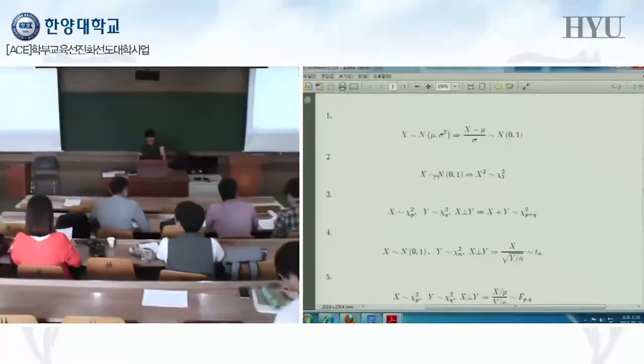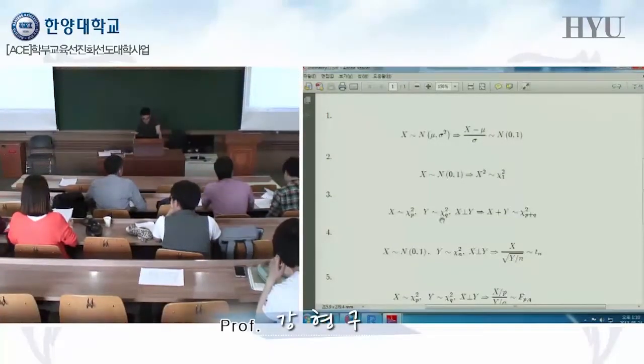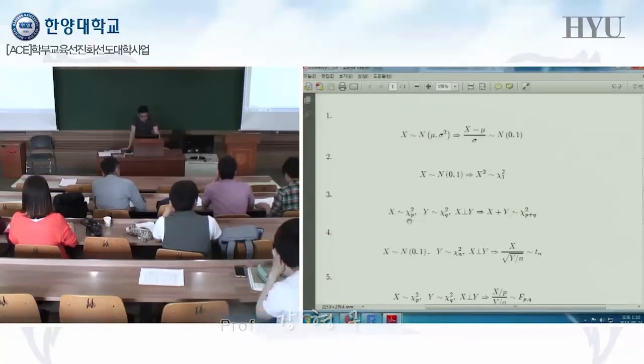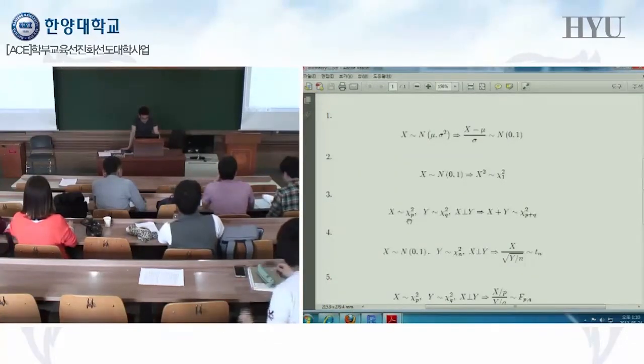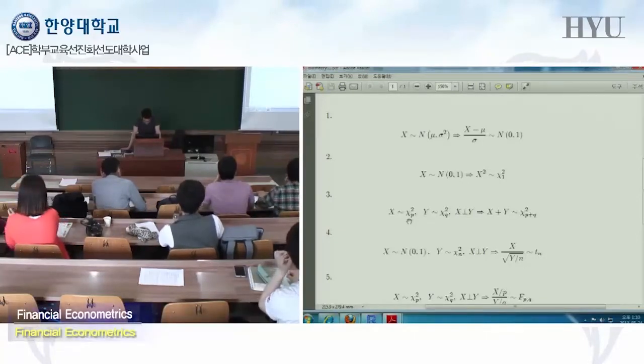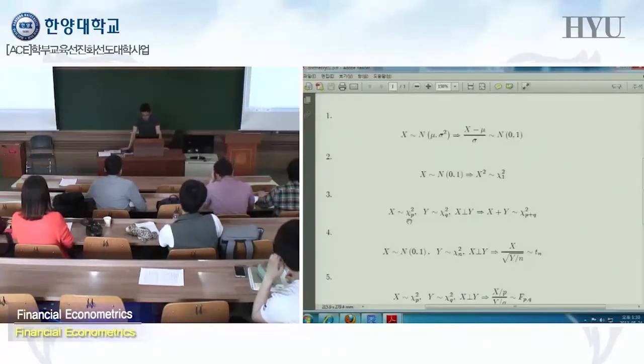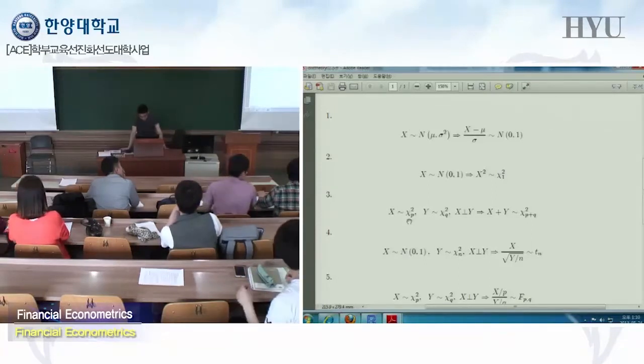And then, suppose we have random variables x and y that follow chi-square distributions with degrees of freedom P and Q respectively, and suppose they are independent of each other.